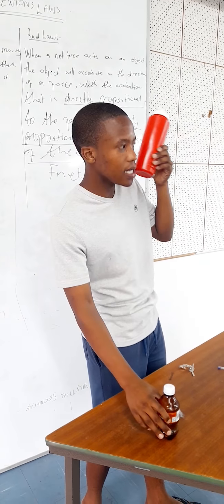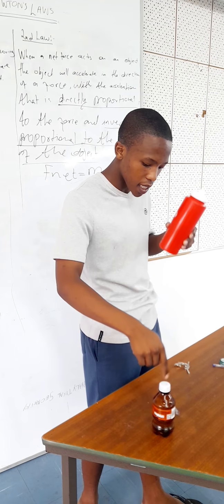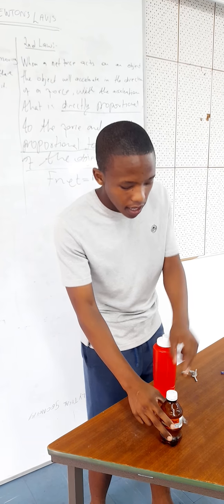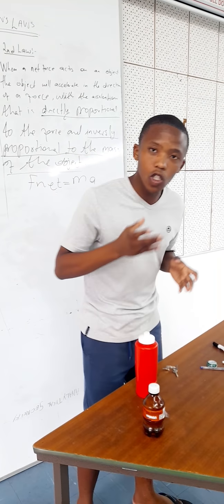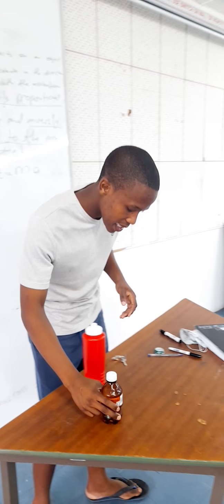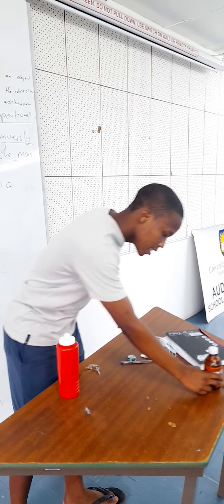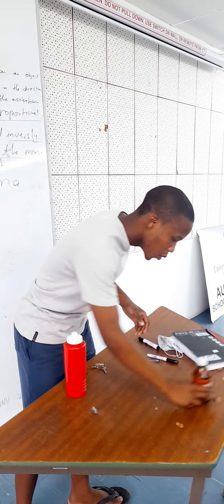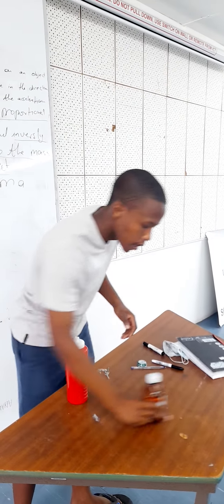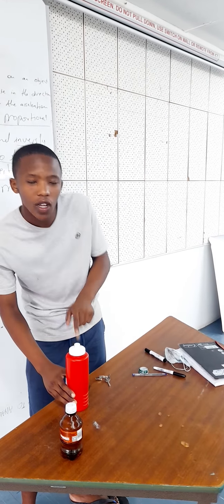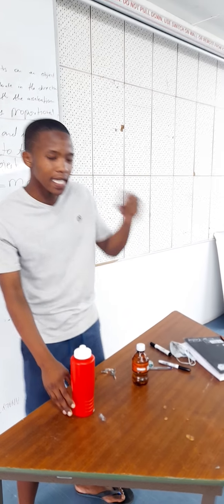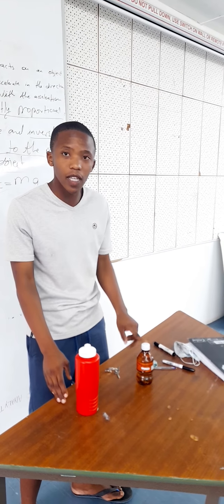This has a greater mass compared to this one. Applying this force, which is estimated to be 1 newton, can you see that this is moving with a force of 1 newton? Then let's apply the same force on the second object, which has a greater mass.